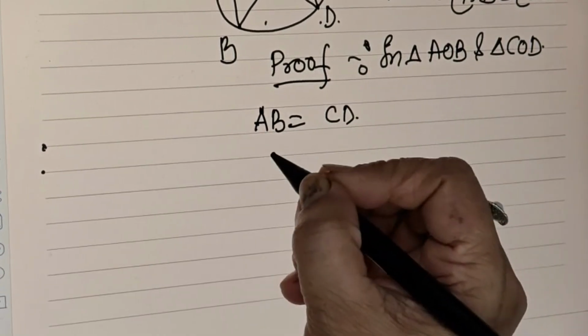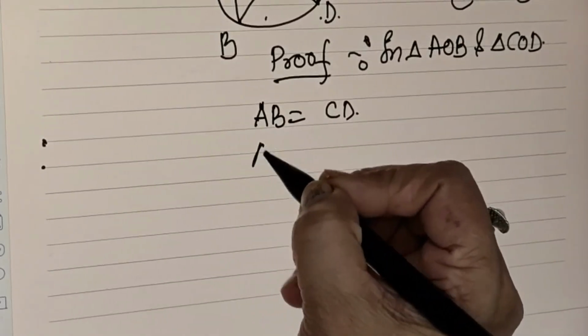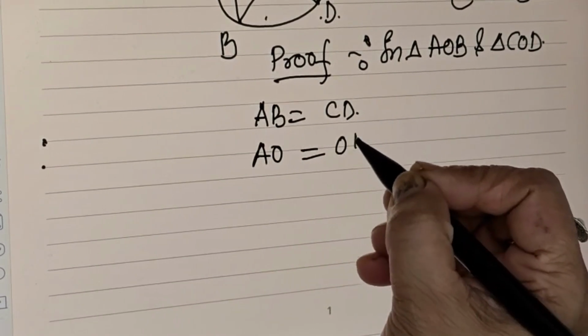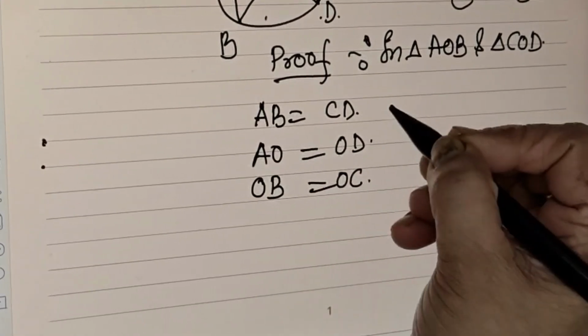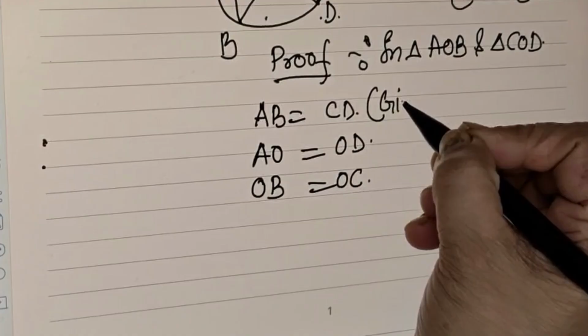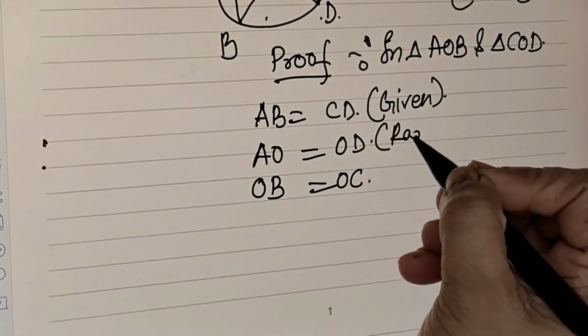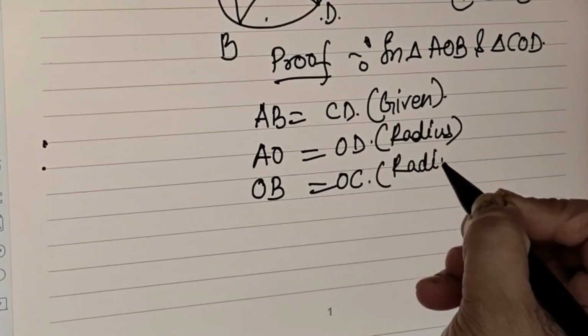AB and CD are equal. Now if you see the figure, the radii of one circle are always equal. So AO is equal to OD, OB and OC are equal. Need to write the reason. This is given because it is given in the question only. Radius. This is also radius.